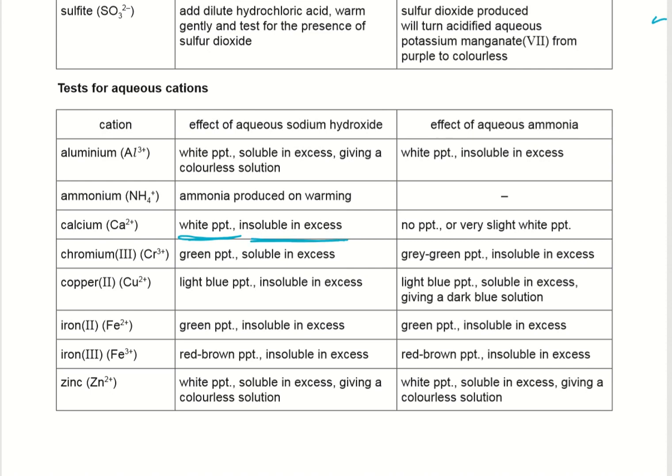Then when it is reacted with aqueous ammonia, you have no precipitate formed. That means no visible reaction. So you can see here that calcium is implicated as the cation present.